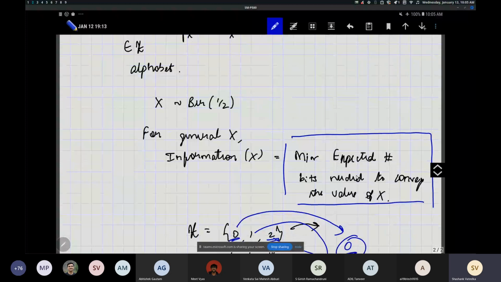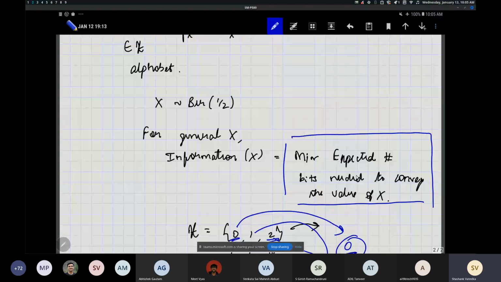Right. So all of this is sort of building intuition and understanding. From the next class onwards, we'll make some formal definitions. We'll define what is called the entropy of a random variable, which in some sense characterizes the information content.